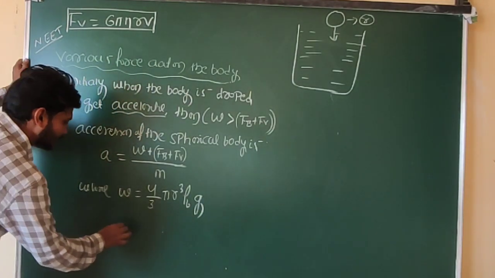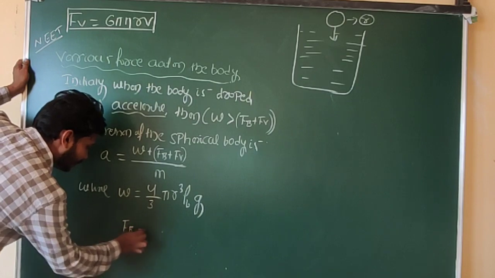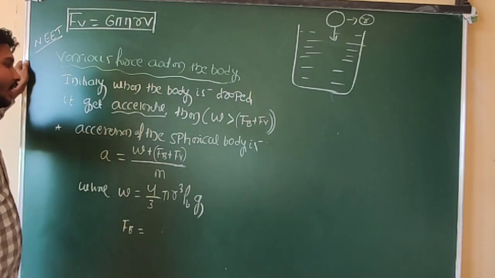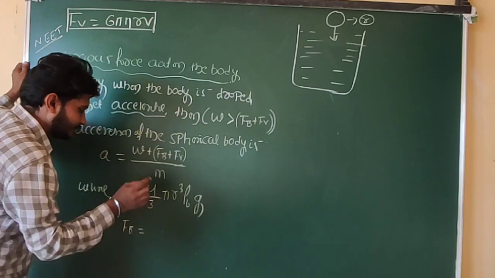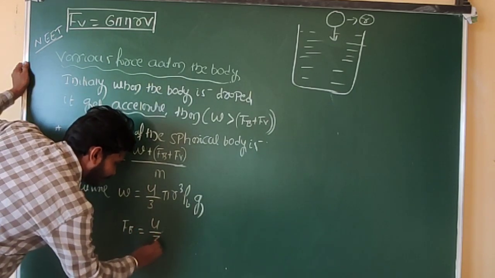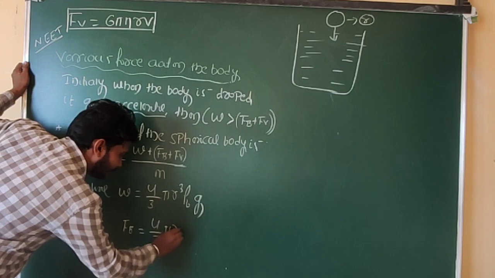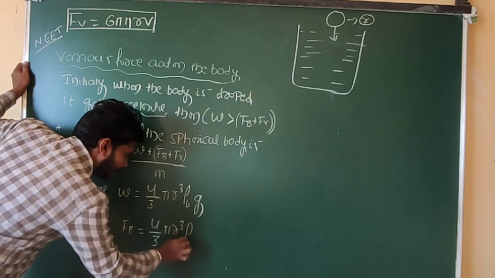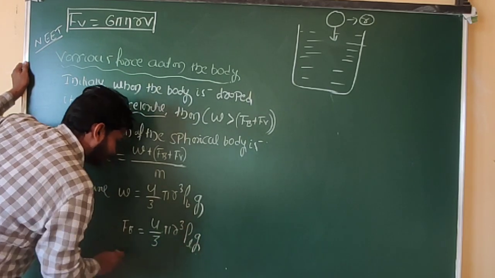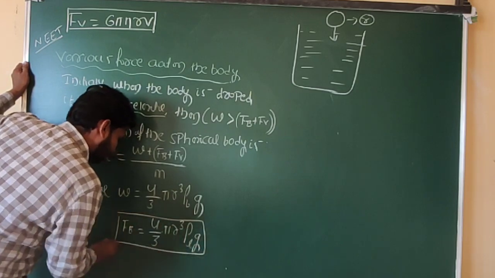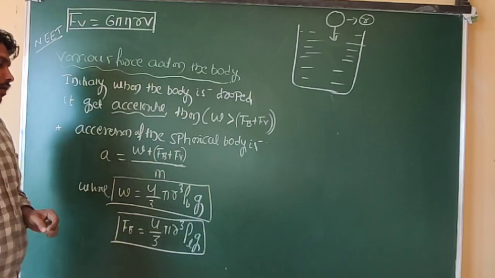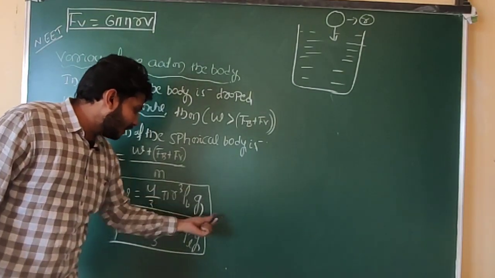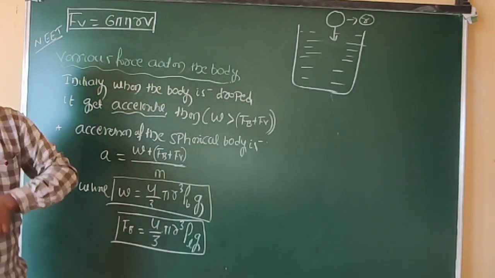The buoyant force F_B is again 4 by 3 pi r cube, now multiplied by the density of the liquid. So this is the weight and this is the buoyant force. Weight acts vertically downward, buoyant force acts vertically upward.